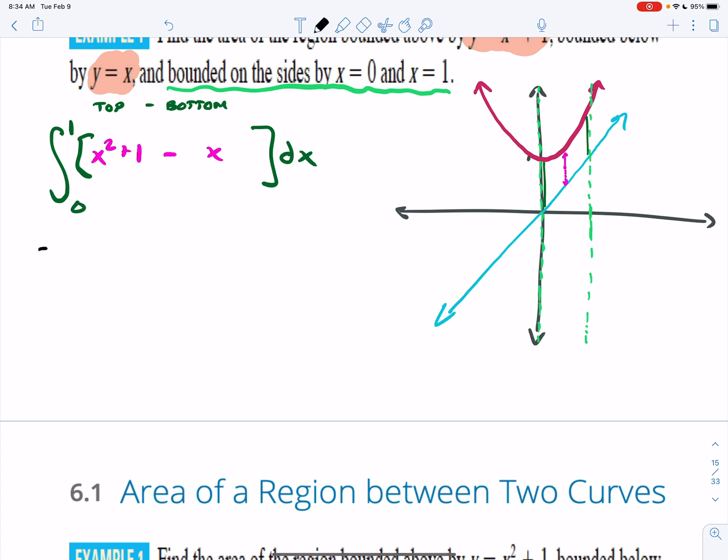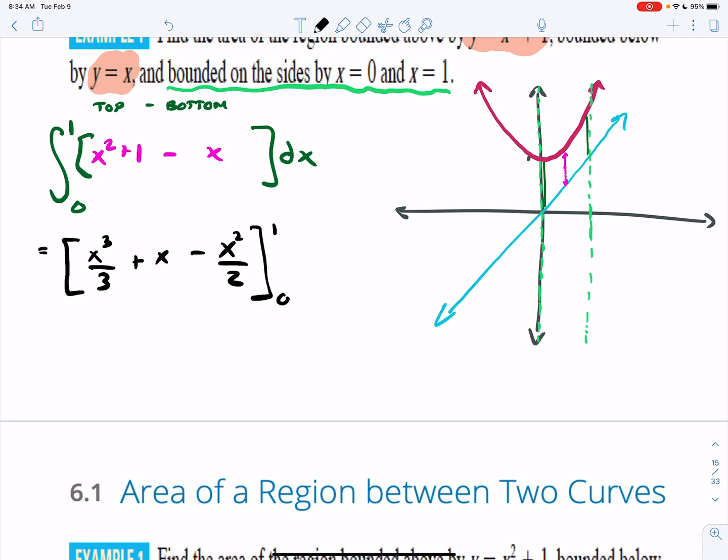So here, all we have to do is integrate. The integral of x squared plus 1 minus x is just x cubed over 3 plus 1x minus x squared over 2. We're using the fundamental theorem of calculus here, okay?